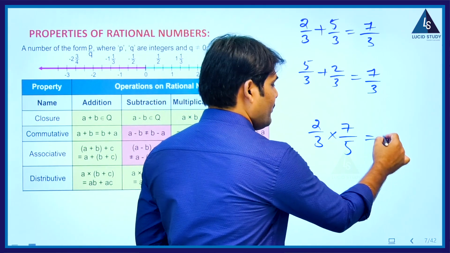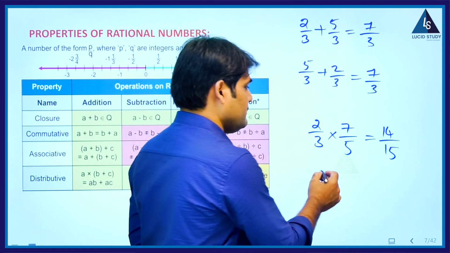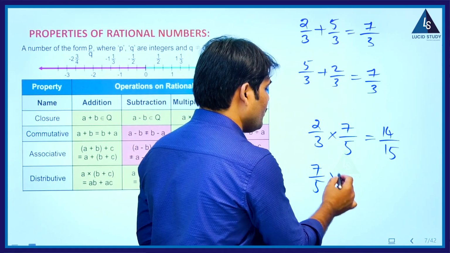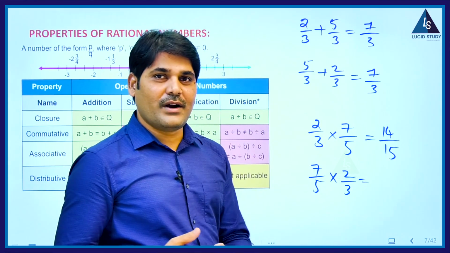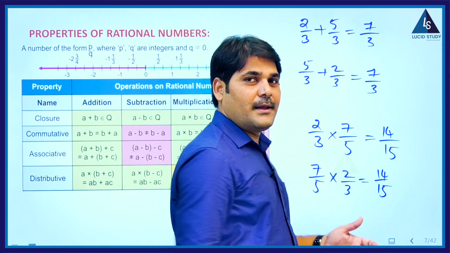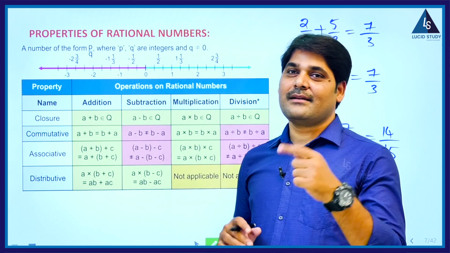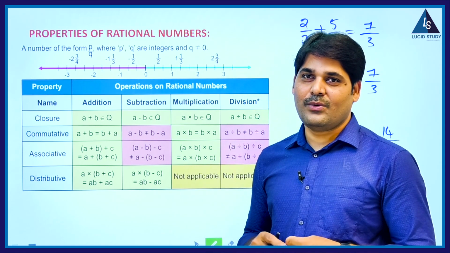My answer will be 14 by 15. Suppose I change the order, 7 by 5 into 2 by 3, I am reversing the order now. What will be the answer? Again the answer is 14 by 15. So what we can say? Rational numbers are commutative under multiplication also.